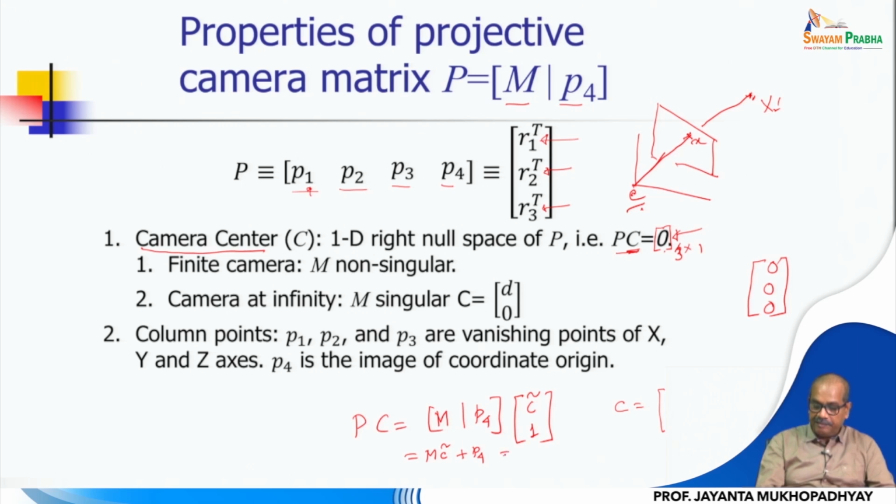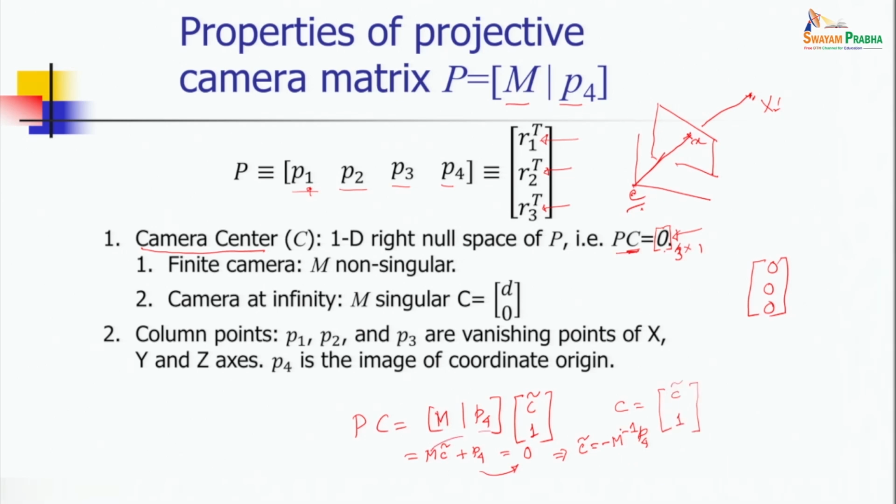When I equate it with a 0 vector, this will give me that C tilde I can write as minus M inverse P4. You can see that I am taking P4 as minus P4, and then for M I have to apply the inversion. I cannot apply divisions like that. So the camera center can be computed from the elements of the projection matrix itself. This is how the camera center is obtained.